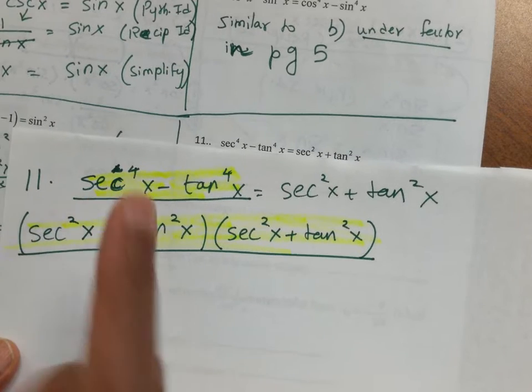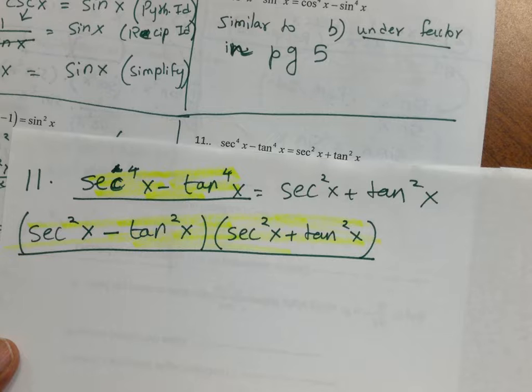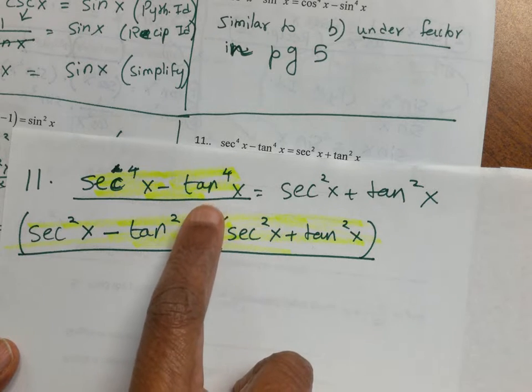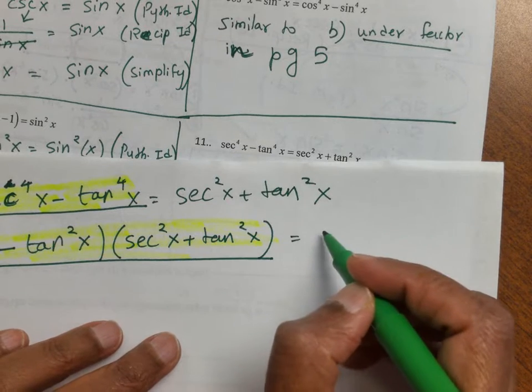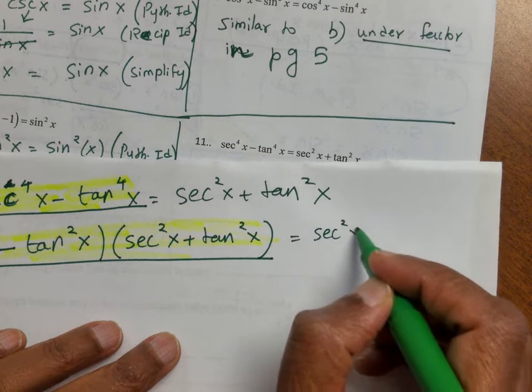In this case, a square just happens to be secant to the 4th power. That means a will be secant square. And b square is tan to the 4th power, that means b will be tan to the 2nd power, right? So this was factored into these two, and then you keep the right hand side as is.